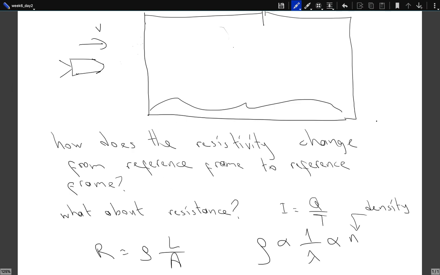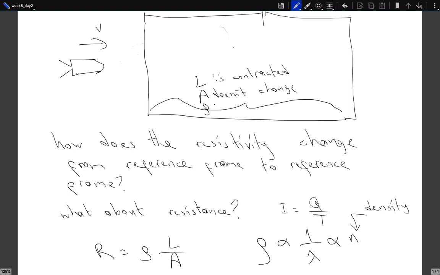In this horizontal path, L changes. What about A, the cross-sectional area? If you go to the reference frame of the ship, does it change? No. What do you expect about rho?